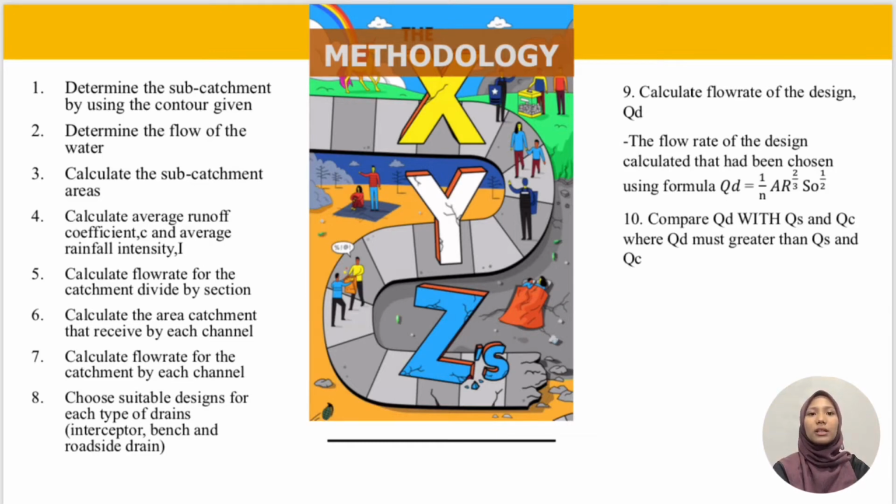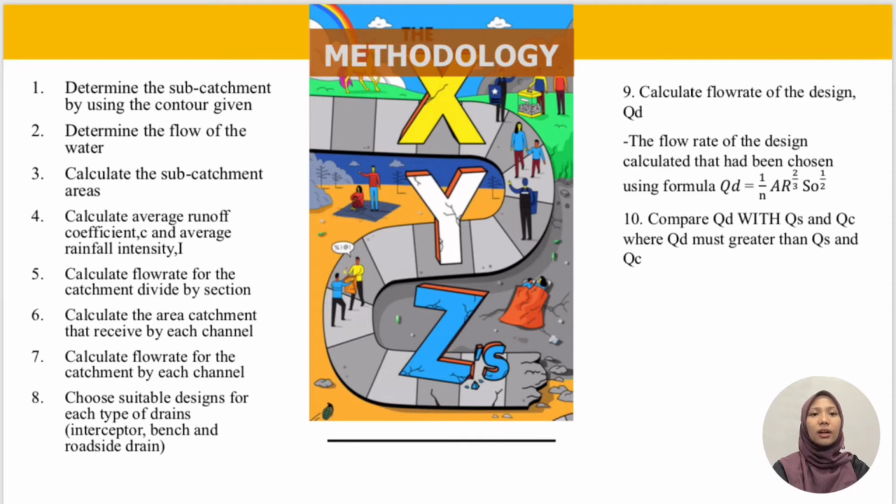Next, average runoff coefficient, which is C, and average rainfall intensity, which is I, are calculated. The runoff coefficient is a function of the soil type and drainage basin slope. A segment of different land use within a subcatchment can be combined to produce an average runoff coefficient.